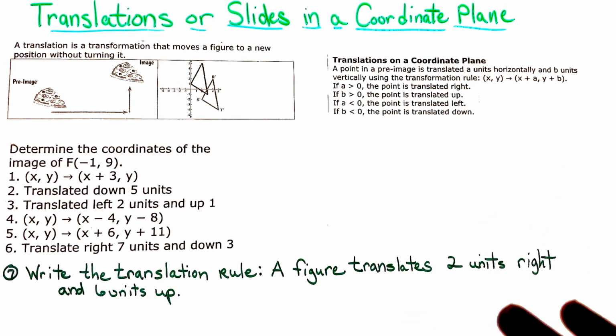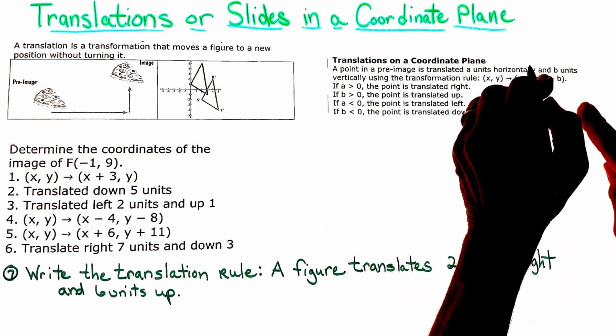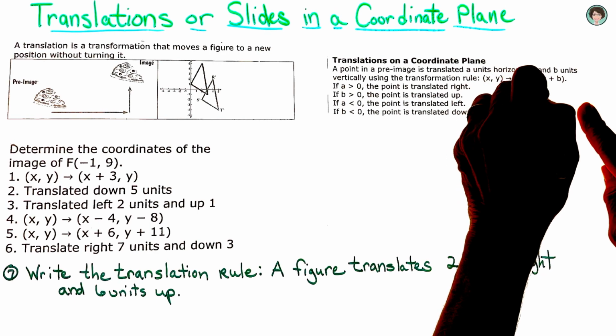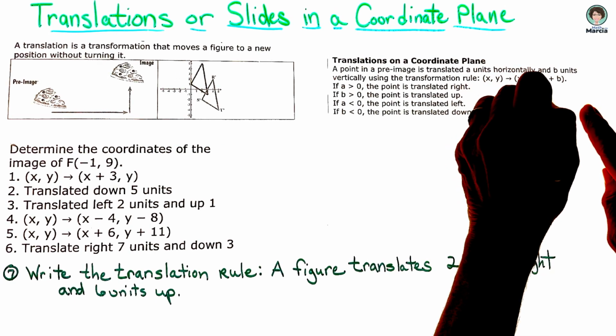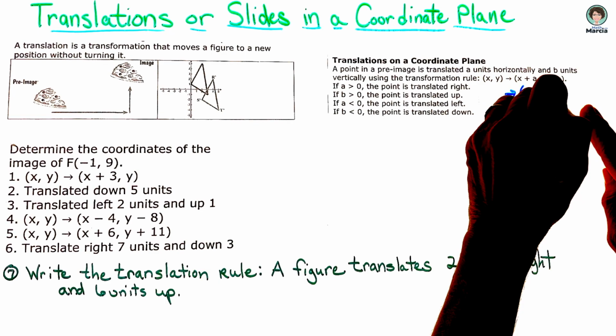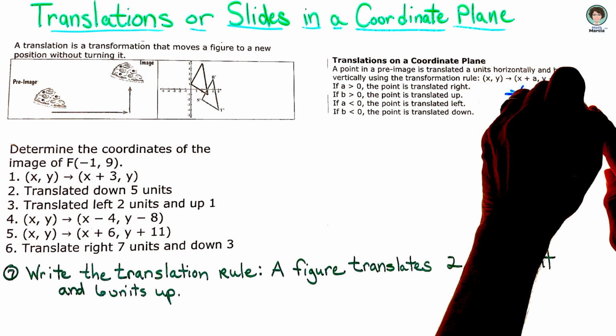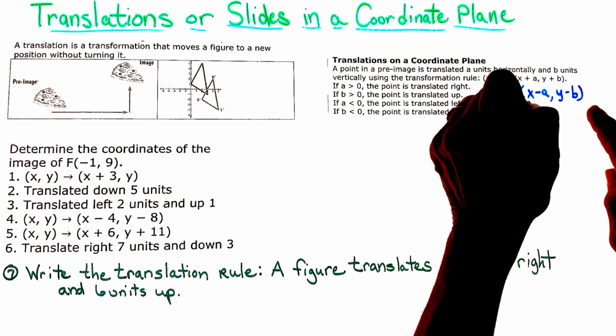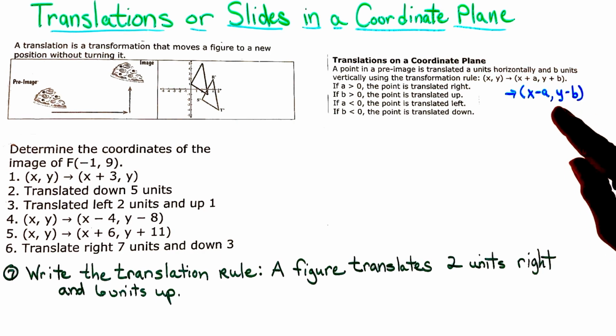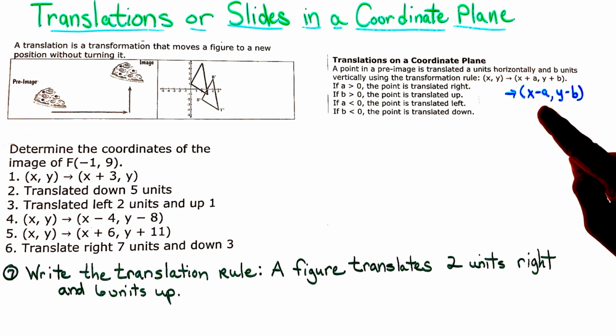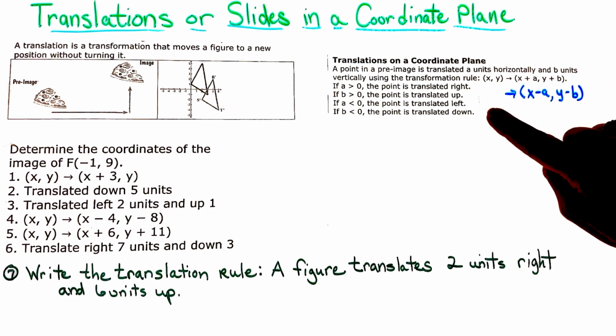So if our new rule actually says x minus a or y minus b, we know that we have a subtraction, a negative, or it is actually moving to the left.